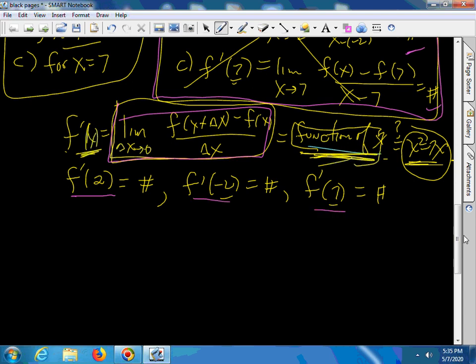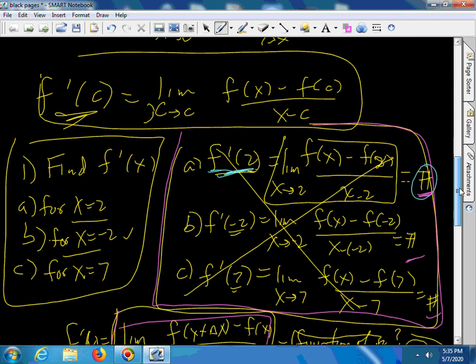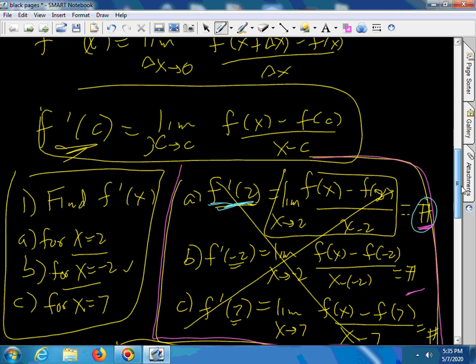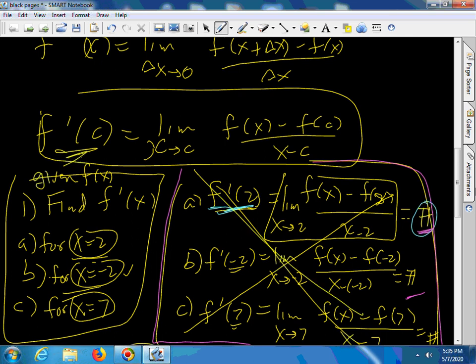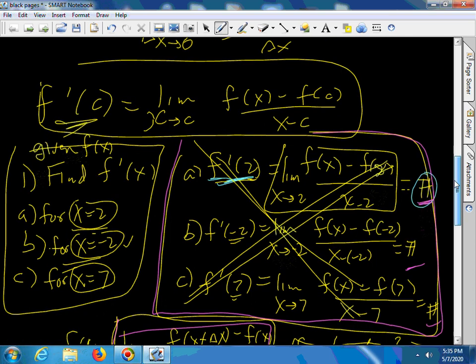That's a lot easier. If I was given f of x, and I was asked to find f prime of many numbers, many in this case meaning more than 1, I would not use the alternate definition.